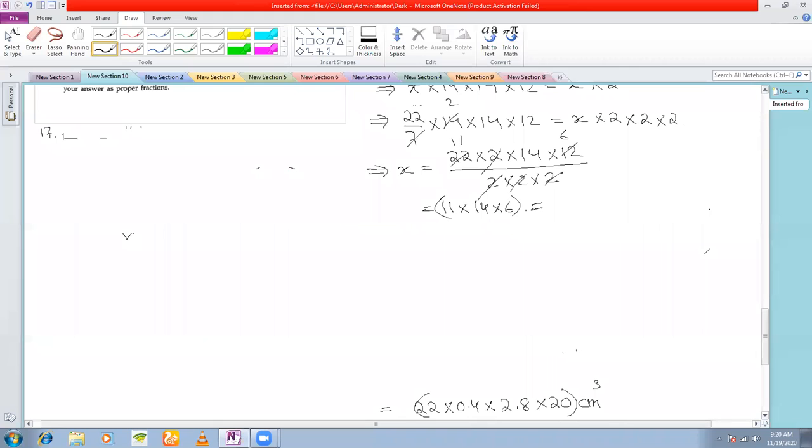So how many cubes can you make? You can make 924 cubes. 924 cubes you can make out of this cylinder. Okay, so that's your solution to this problem.